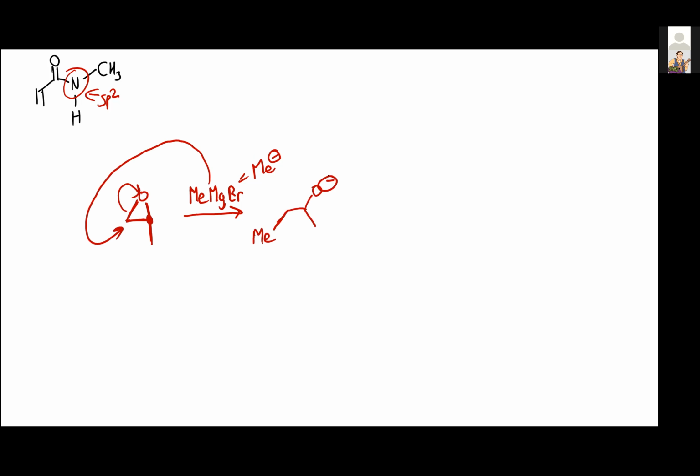And so we ring open the epoxide with a methyl. And this, again, if you need a reminder, is called a Grignard reagent. And we're at 223, and I think that's where we're going to stop.